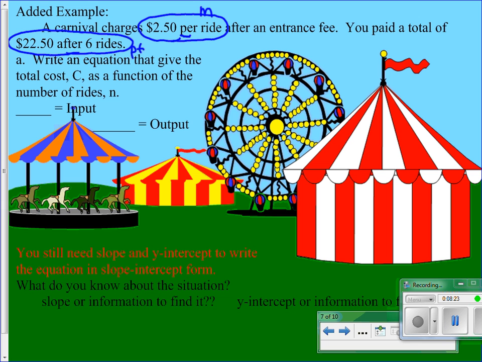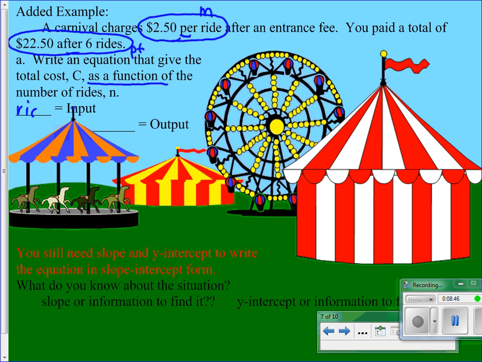To be able to write the equation, we need to find the y-intercept. So I'm actually going to need to take that slope and plug in my point of 22.50 after 6 rides. But you need to know which one's your input and which one's your output. Here they said write an equation that gives you the total cost as a function of the number of rides.